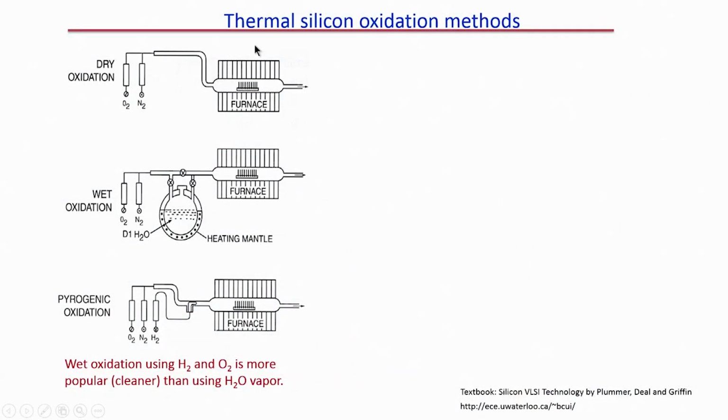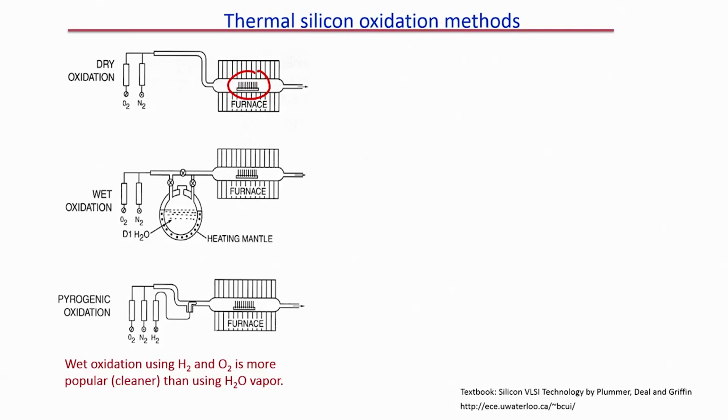The first one is dry oxidation, where the first stage is that you have to load the wafers inside the furnace. When you are loading the wafers you have to purge out the unwanted oxygen, because we do not want to start growth of oxide at lower temperature until all the wafers are at a particular temperature to have uniform growth.